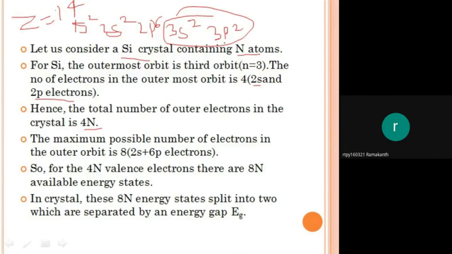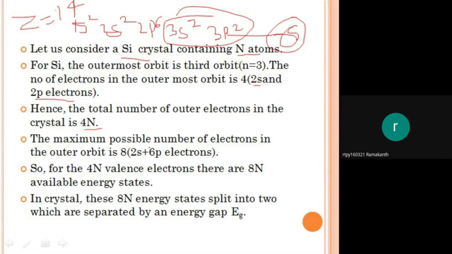The p orbital can also accommodate 4 more electrons. Actually there are 4 energy states which are empty, so the p orbital can accommodate 6 electrons, and the s orbital 2, totally 8 energy states.